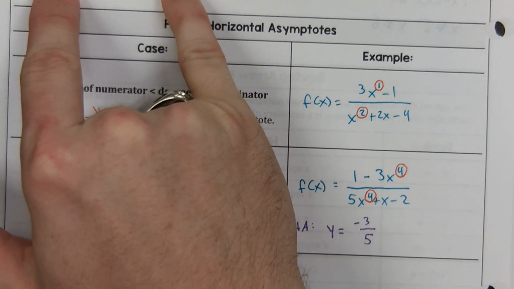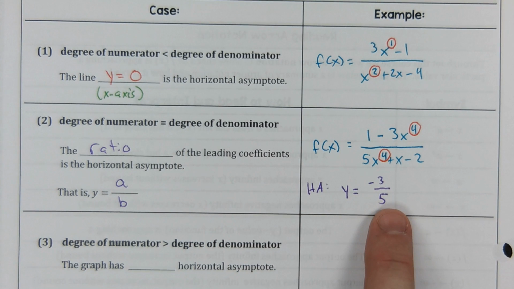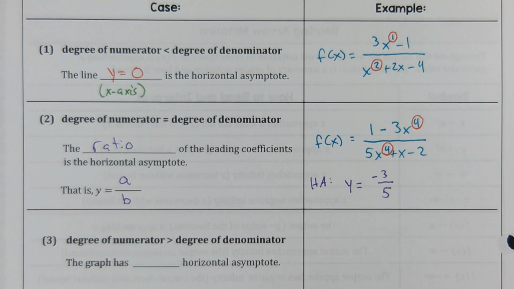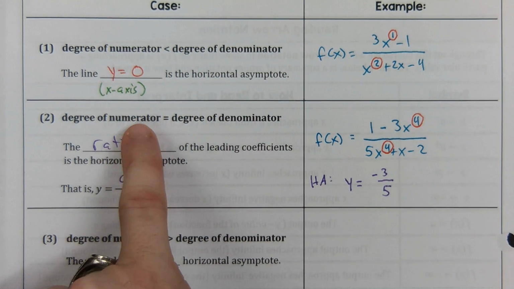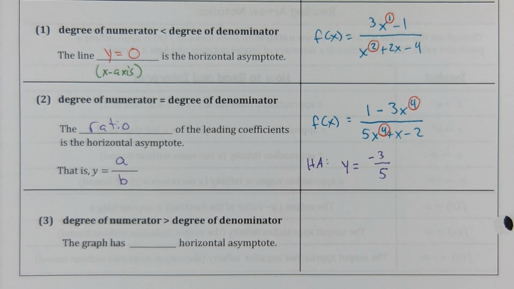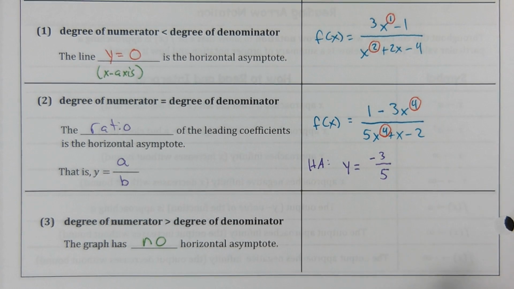At the far infinities, our graph will get close to this horizontal line. So we have a horizontal line when the degree of the numerator is smaller than the degree of the denominator. We have a horizontal line when the degree of the numerator is equal to the degree of the denominator. But what if it's top heavy? What if the degree of the numerator is bigger than the degree of the denominator? The graph will have no horizontal asymptote.